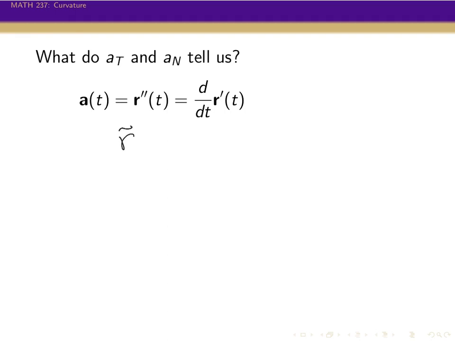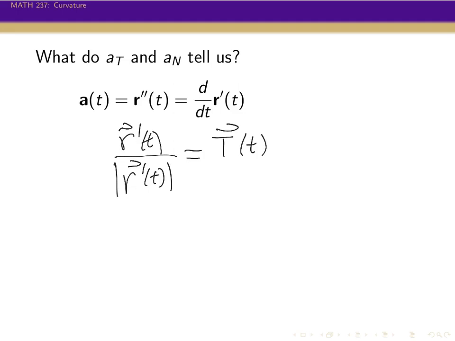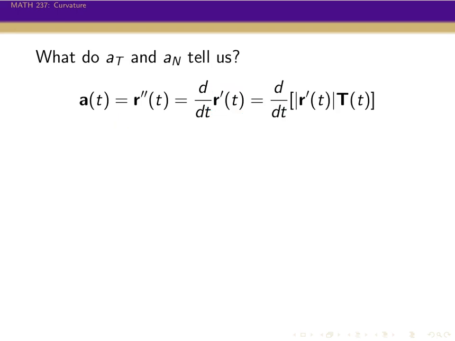If I take r prime of t and divide by the speed, this gives me the unit tangent vector. So if I solve for r prime of t, I just multiply the speed over. And so r prime of t is equal to speed times the unit tangent vector.